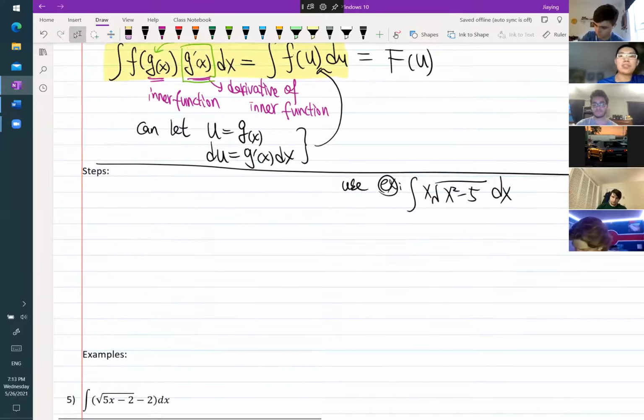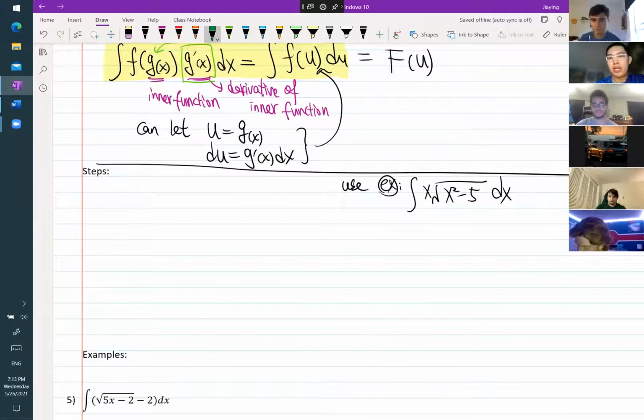So the first step, I'm just looking, by inspection, at the function given. I see a product, I see x times something. So I have this part, then I have the square root. And every time I have a square root, I have an inner function. So this looks like an inner function to me.